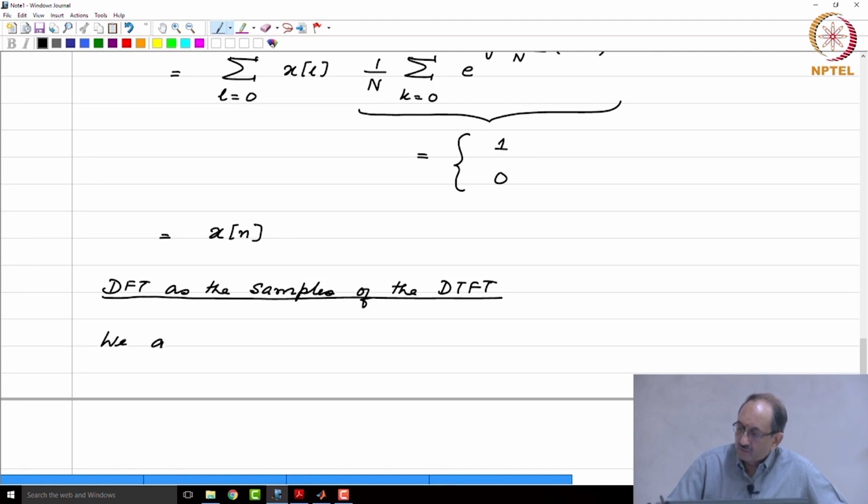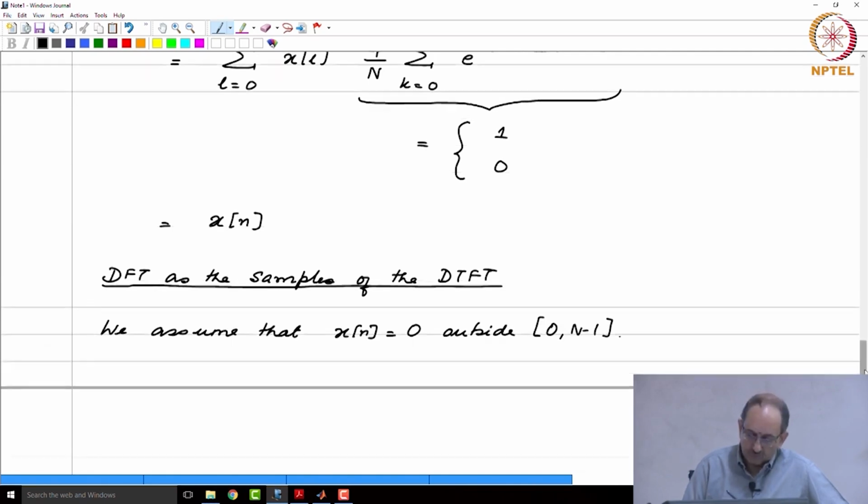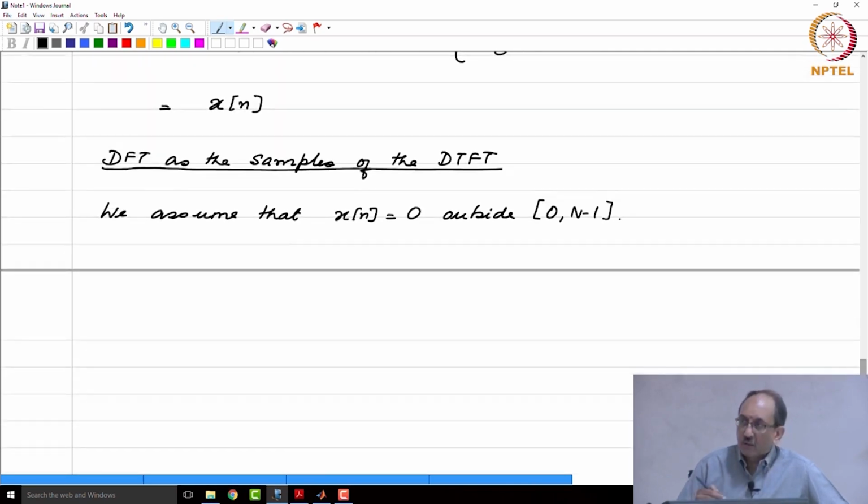So, here we assume that x of n equals 0 outside 0 to n minus 1, and now we will show that the periodicity of x of n will make sense as we go through this development.